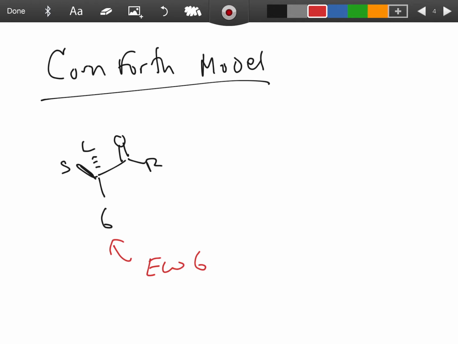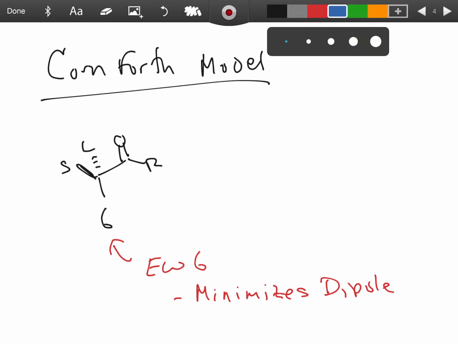And so you put it on the opposite side from the carbonyl. If G is electron withdrawing, you're going to have a dipole that points towards G. In your carbonyl, the oxygen is electron withdrawing, so you have a dipole that points towards the oxygen. So if you put them on opposite sides, you minimize the dipole in the molecule, because they're pulling in opposite directions and they cancel each other out.